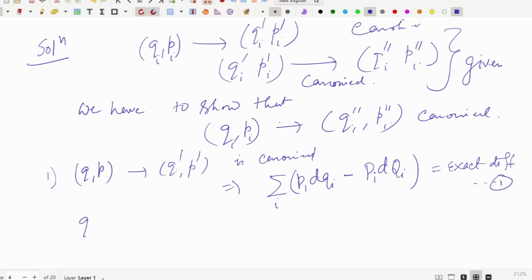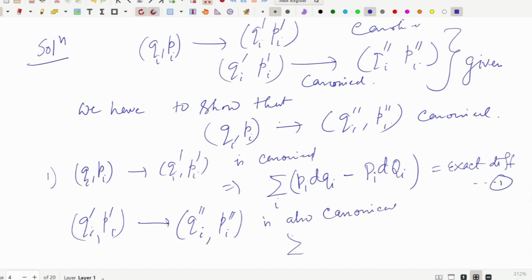Similarly, the transformation from (Q', P'), let us put many variables, to (Q'', P''), is also canonical, given in the problem.